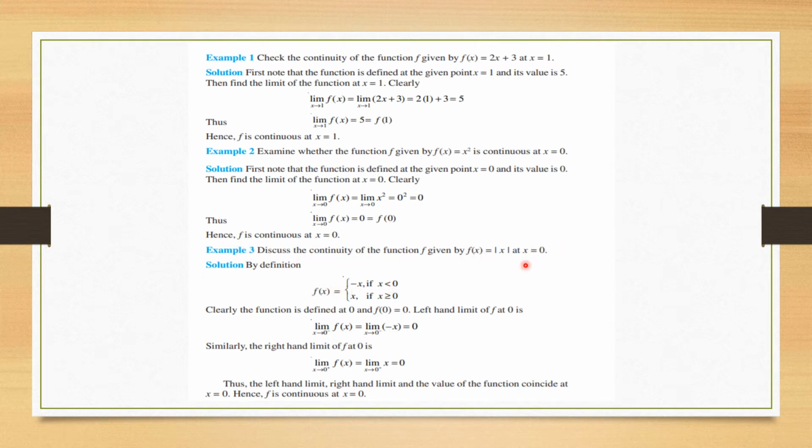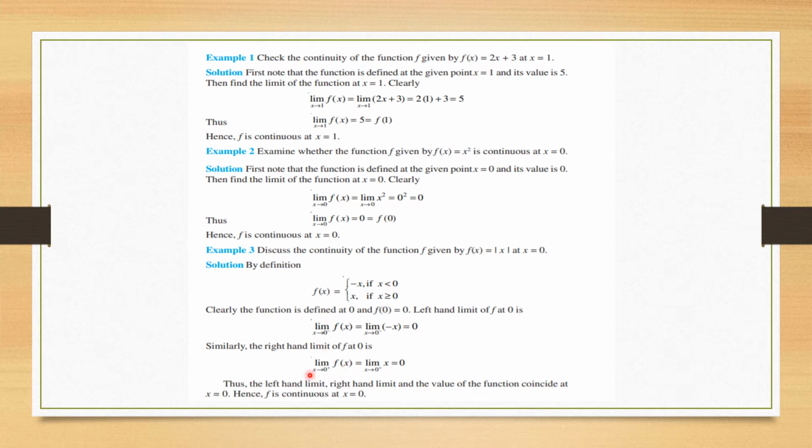This is how we define mod x. For x less than 0 it is minus x, and for x greater than or equal to 0 it is just x. The left hand limit, you know well how to do it. You can do it as 0 minus h as we used to, and for 0 plus h as we used to. That will be the simple way, or otherwise, as it is for 0 only, we can check directly also.